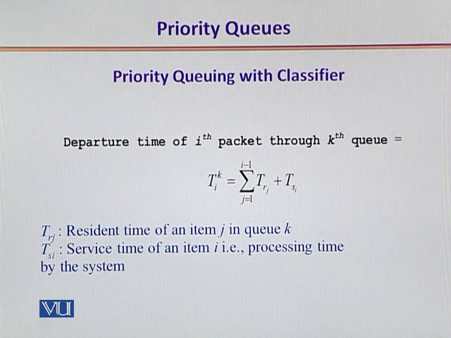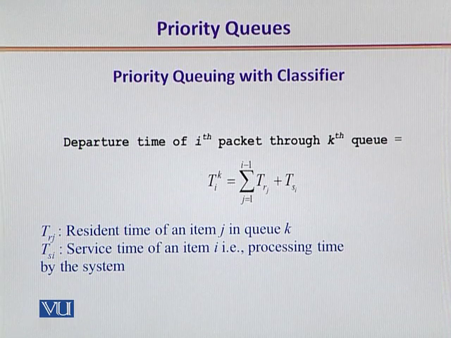Mathematically, if we are looking at the departure time of ith packet through kth queue, we can look at the total time it takes. It would be equal to the residence time of the packet in the queue and the service time of the packets before it.